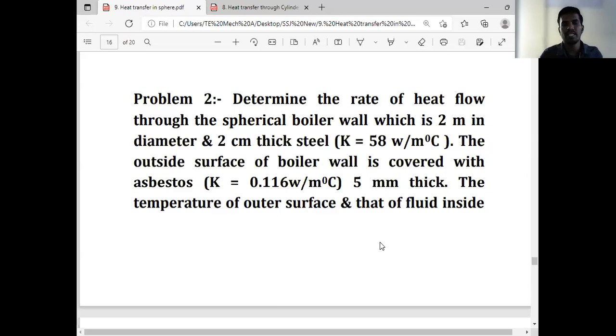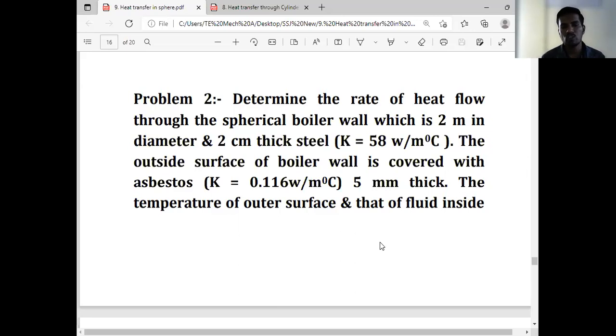In bracket, K is equal to 58 watt per meter degree Celsius. Full stop.